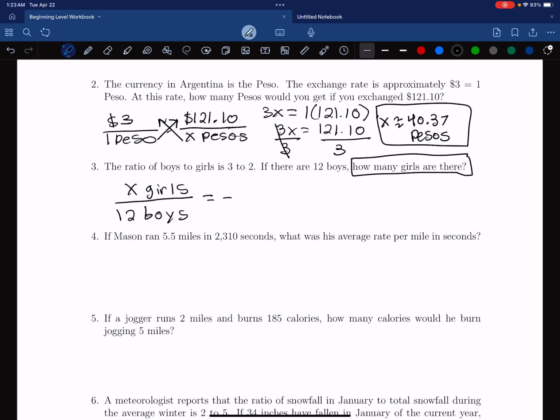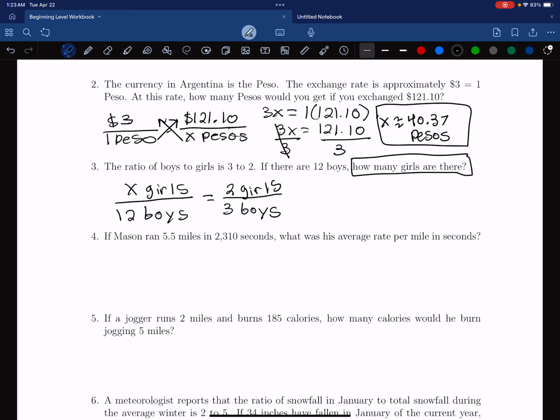And then we're going to set this equal to this ratio here. So we know that there are 3 boys for every 2 girls. So because of that, I'm going to write 3 down in the denominator with boys. And then I'm going to write this 2 matching up in the numerator with the girls.